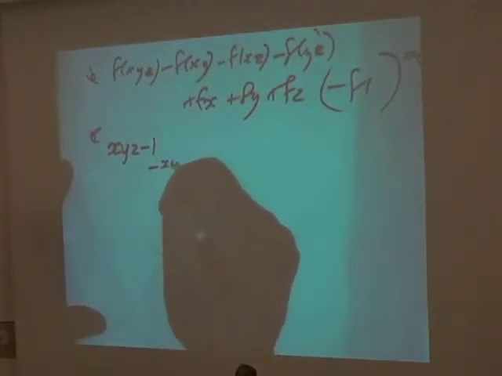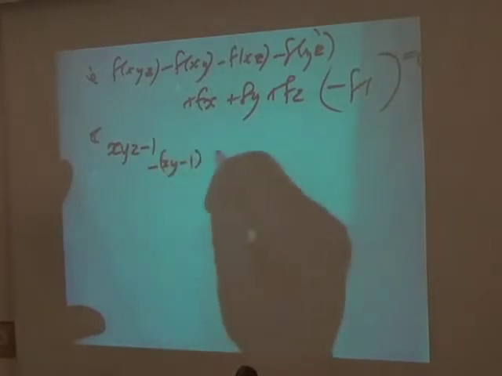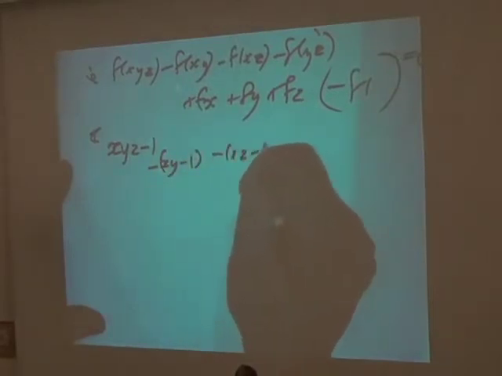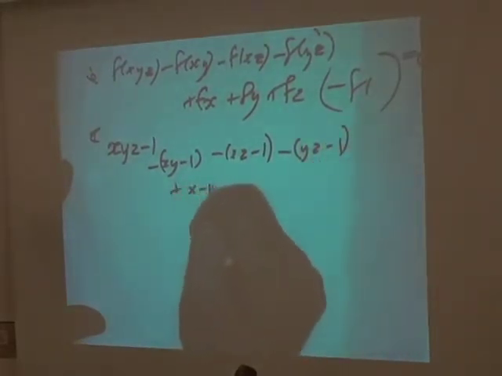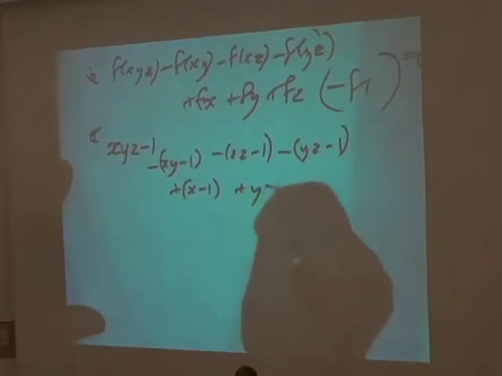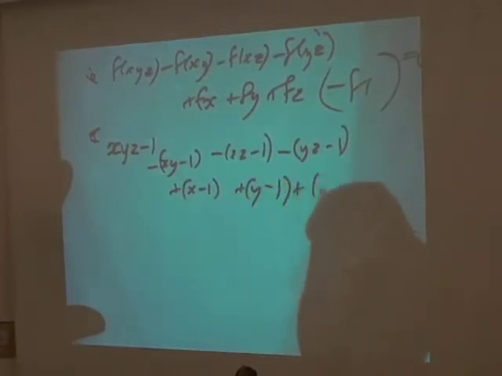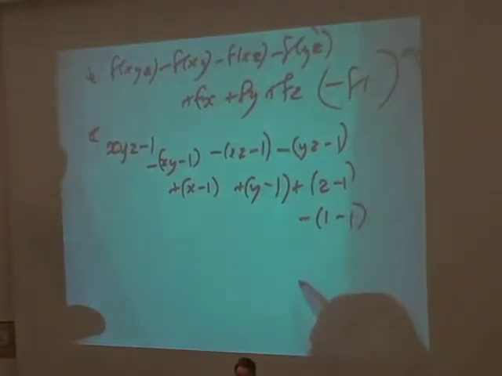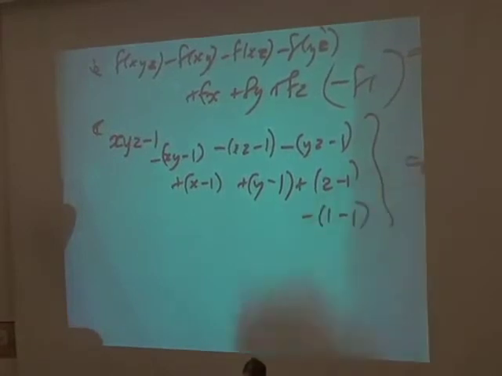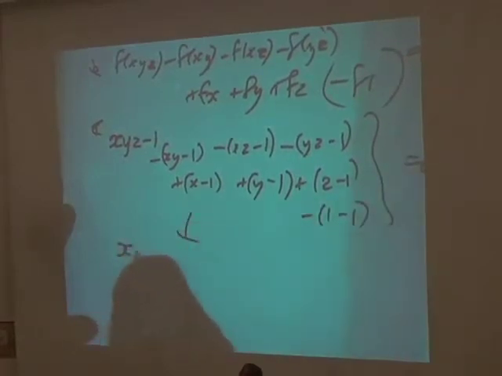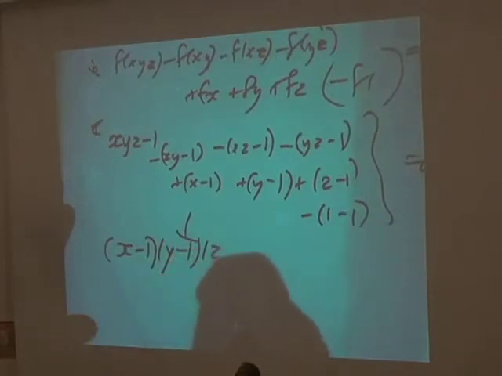Minus xy minus 1. Minus xz minus 1. Minus yz minus 1. Plus x minus 1. Plus y minus 1. Plus z minus 1. And then minus 1 if you like. I sort of feel it's more natural, is 0. But this thing is just x minus 1, y minus 1, z minus 1.